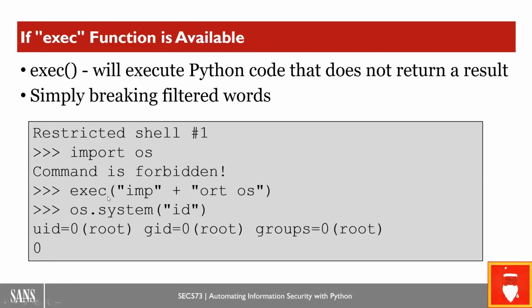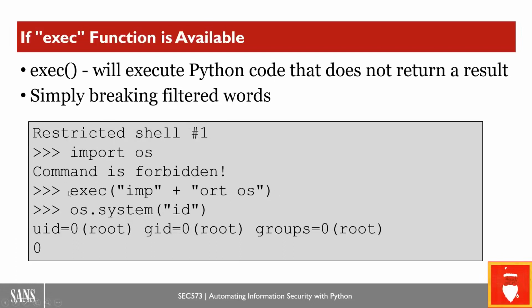So what I can do is I can say exec, and then I could build a string that says import os. Now, if my string simply said import os, then that filter that's looking to see does my line contain the word import anywhere would block it. So I'll break my import statement into two strings. My first string says IMP, and then I'll add ORT space os, which becomes import os.